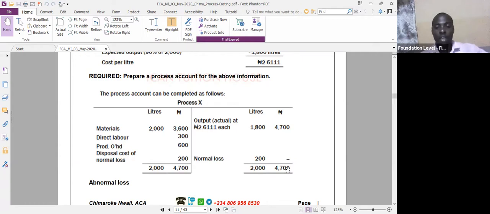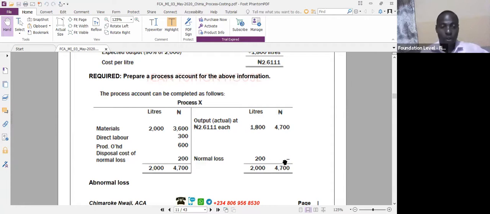Now can you see that the whole 4,700 is being put on the output? Output is 4,700 because this normal loss has no recoverable value. But now we are disposing it for 200 naira. So it has now increased our output cost to 2.6111.